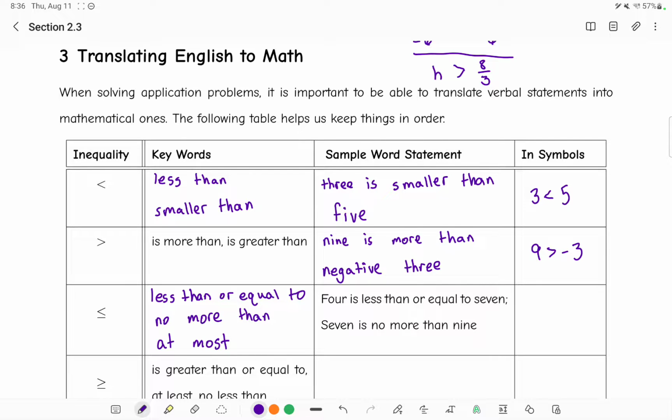All those phrases mean less than or equal to. For example, if 4 is less than or equal to 7, that would mean 4 less than or equal to 7. Or 7 is no more than 9, that's 7 is less than or equal to 9.